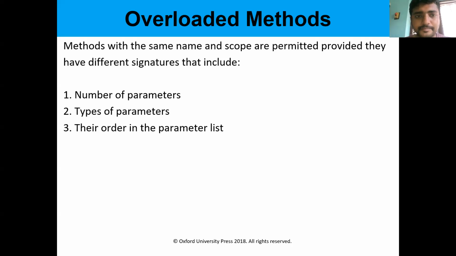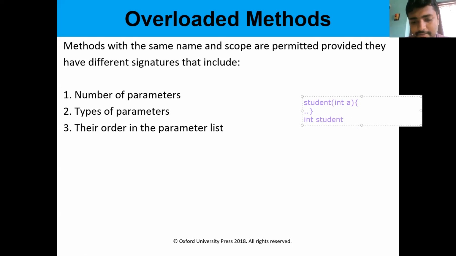For example, suppose the method name is student and the parameter list is int a. So this is one method. Then I use another method, student, with float b.